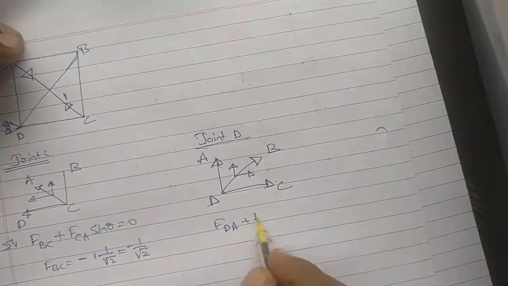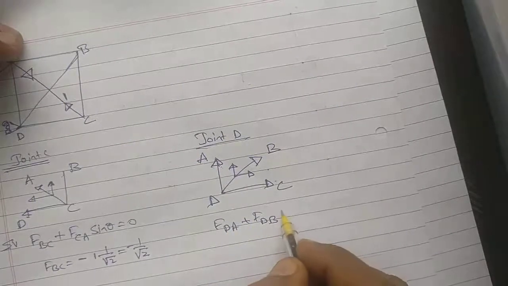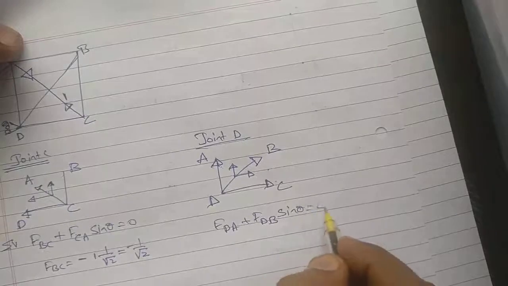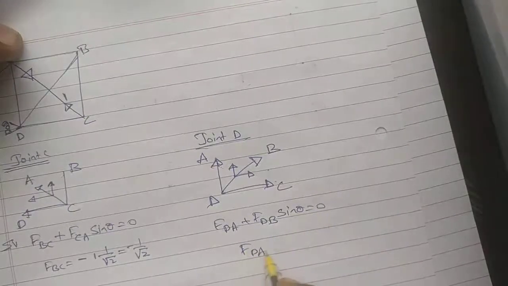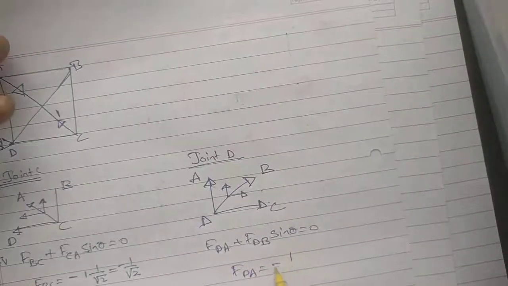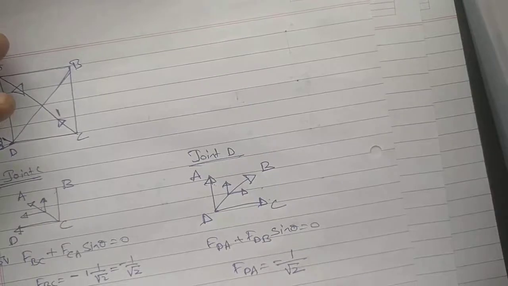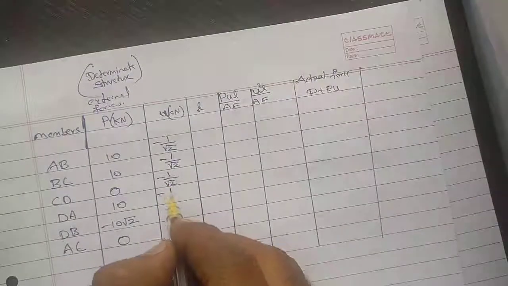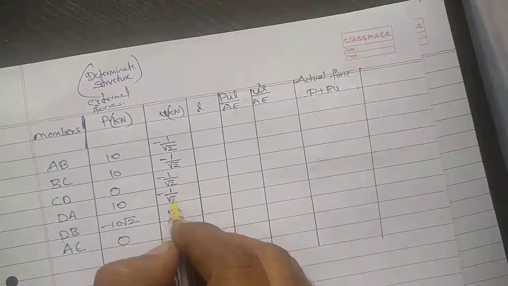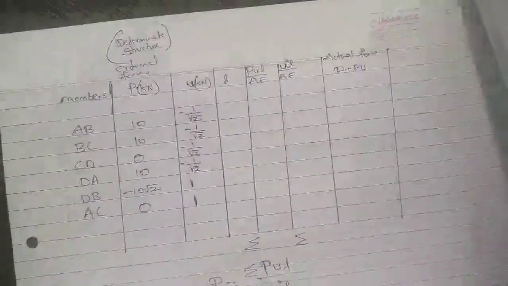FDA plus FDB sin theta is equal to 0. FDA is equal to minus FDB sin theta. FDB is 1, so FDA is minus 1 by root 2. This we got.